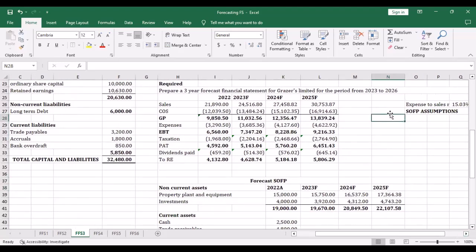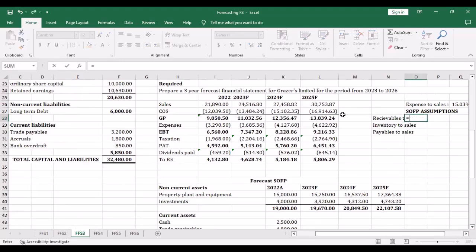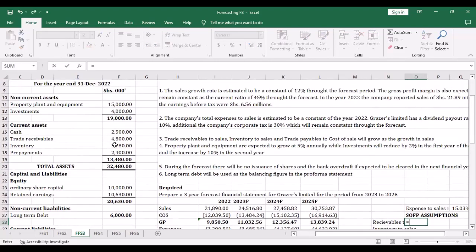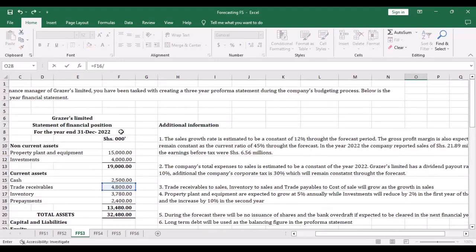So we'll first start with the receivables to sales, then inventory to sales, then payables to sales. So for our receivables, we just take our receivables here and divide by our sales.